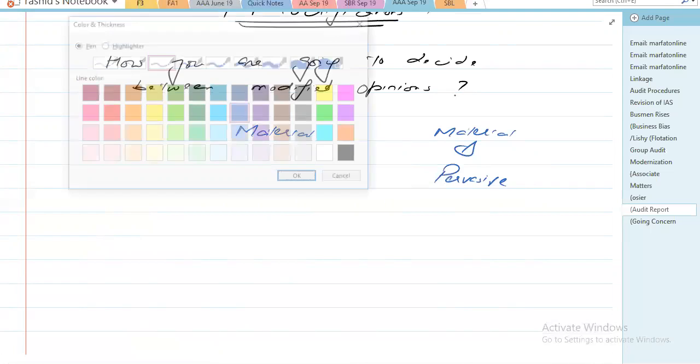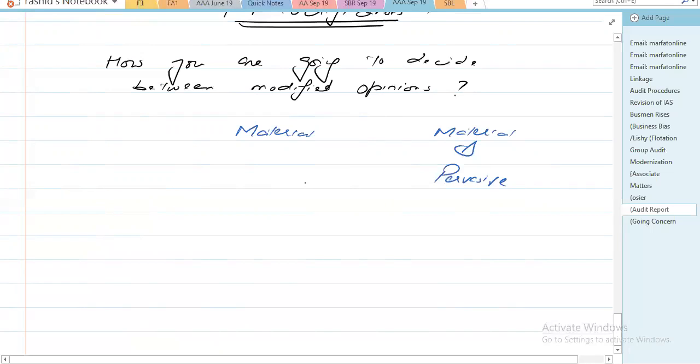Material and pervasive. Now, first of all, let me just describe these two in plain wordings, leave the audit terminologies. When you talk about material, it is something significant. That is why we call that thing material. Material is something significant. Material and pervasive is a higher degree than material. So you can say too significant.